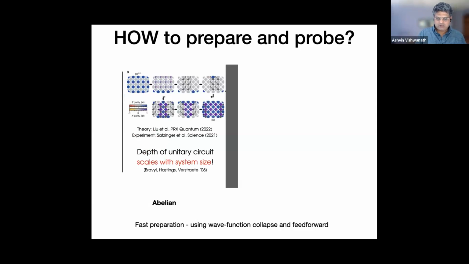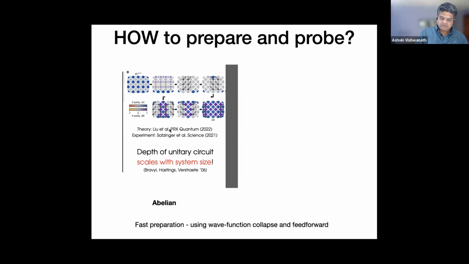One of the limitations is that the depth of the unitary circuit that you need scales with system size. You've got to apply gates in a certain predefined order, and if the system size is L, the linear size, the depth of the circuit also scales with L.